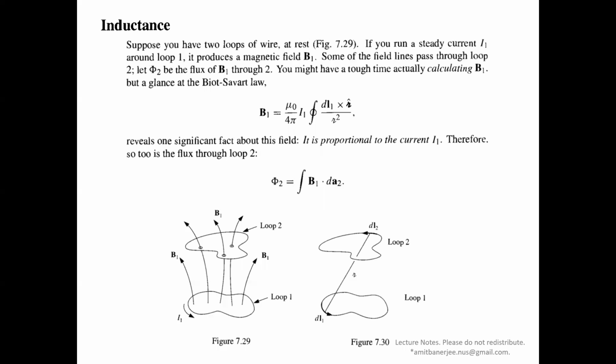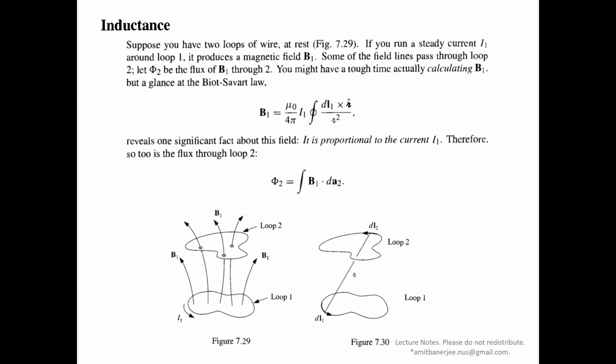Now, inductance. In the case when you have two loops of wire, if you run a steady current I1 around loop 1, it produces a magnetic field B1. Some of the field lines pass through loop 2.